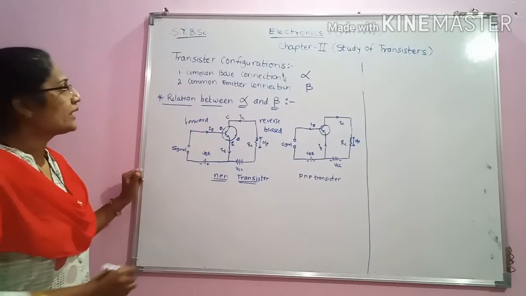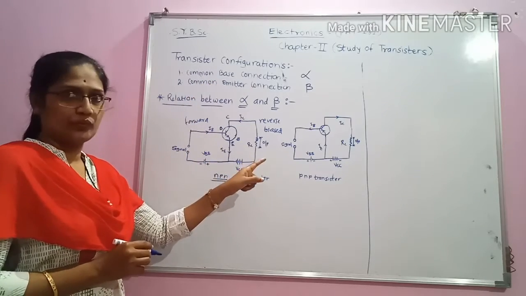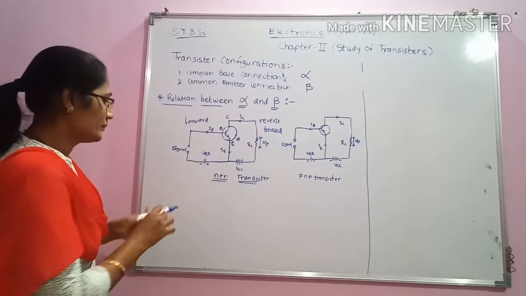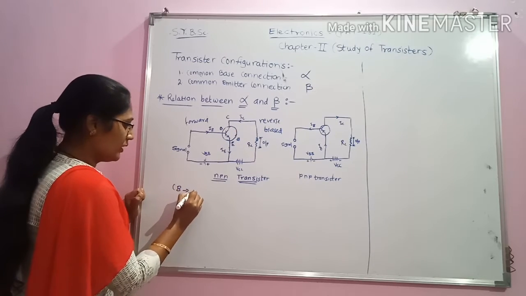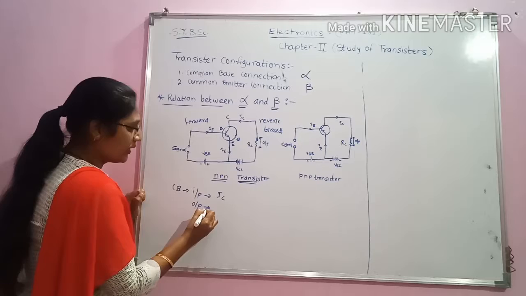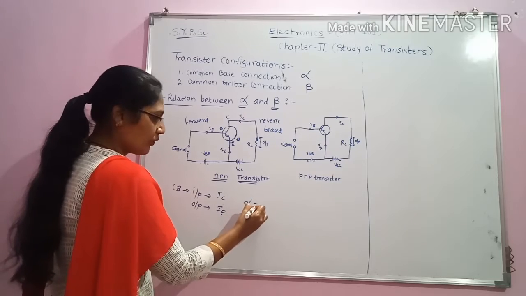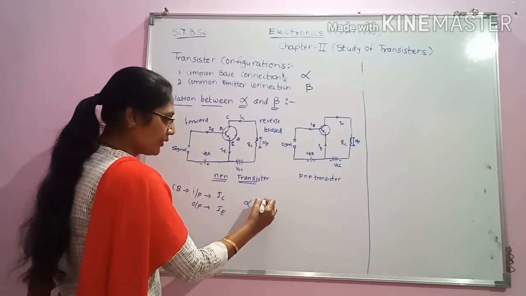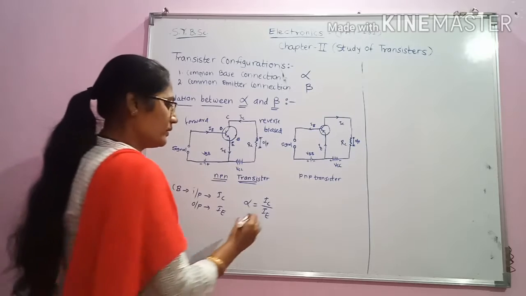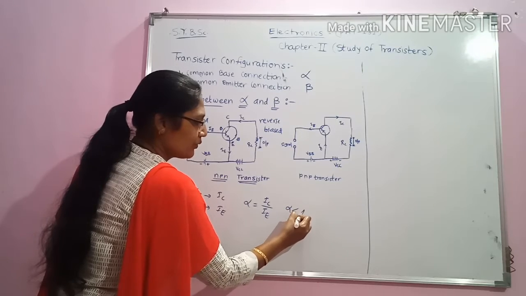We have seen that in case of common base connection, base was taken as a common for input and output, and the input current is nothing but the IE and the output current was nothing but the IC, and hence its gain was nothing but the ratio of output current to the input current, and this gain is less than or equal to 1.